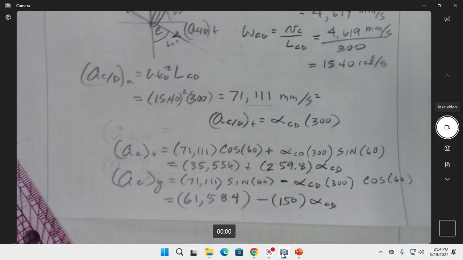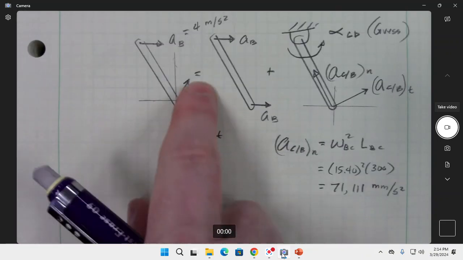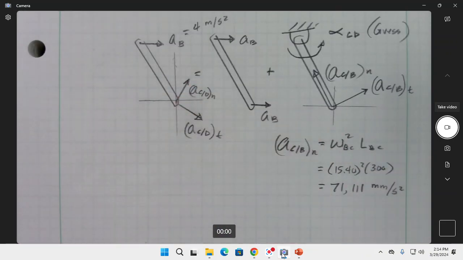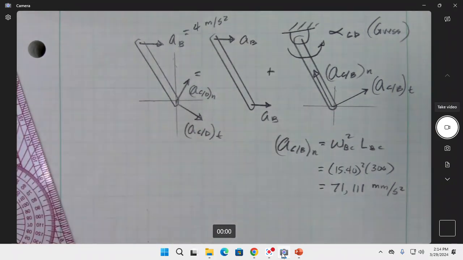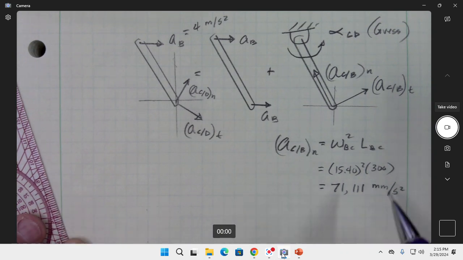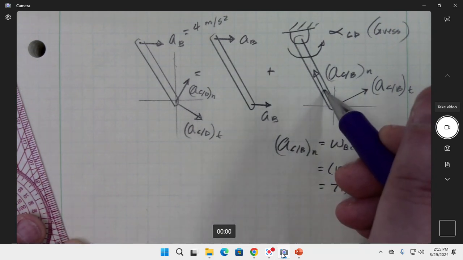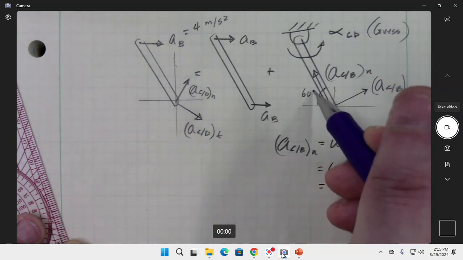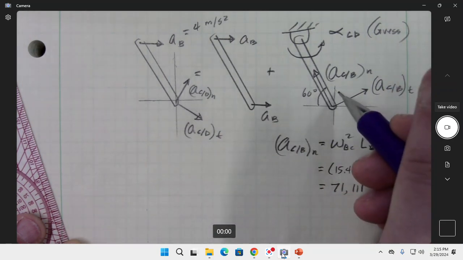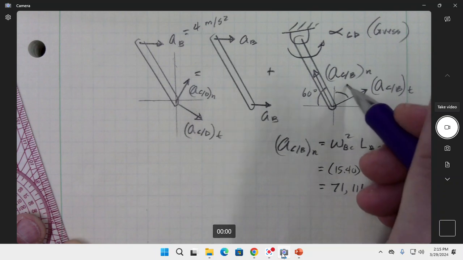I do that because it's going to be easier when I go down to this spot to figure this out. This is a condition where we have two equations and two unknowns, and we're going to have to do some solution. It's kind of a pain. Here's the 60 degrees for this one, and that means this is 60 degrees.